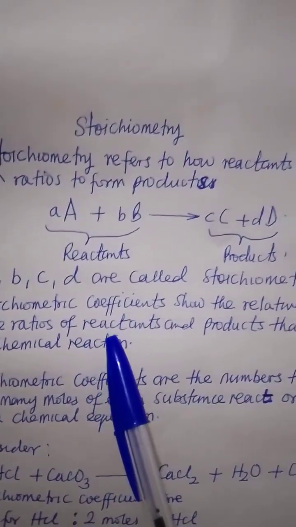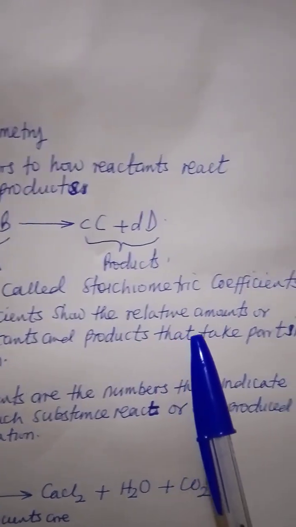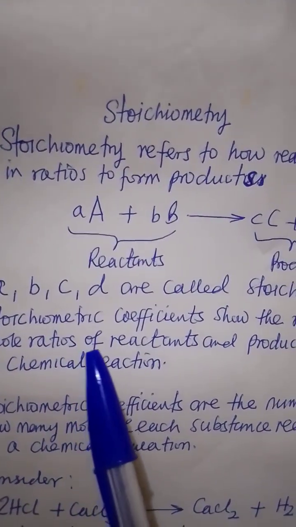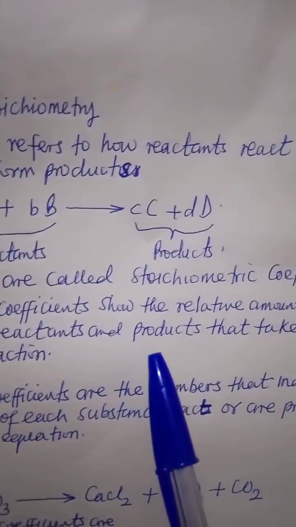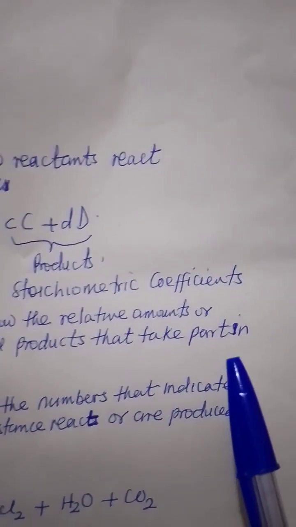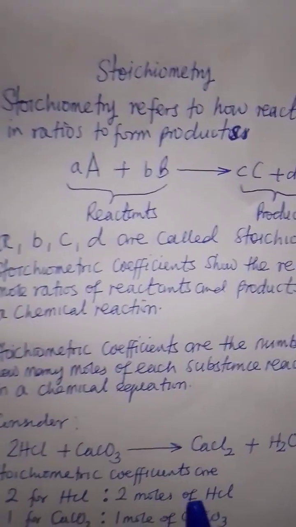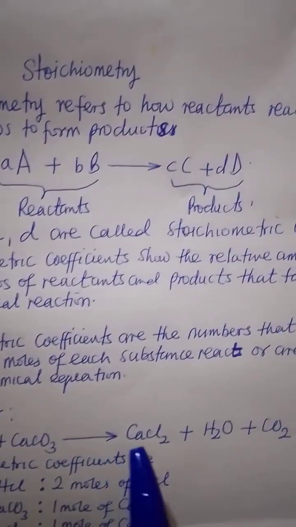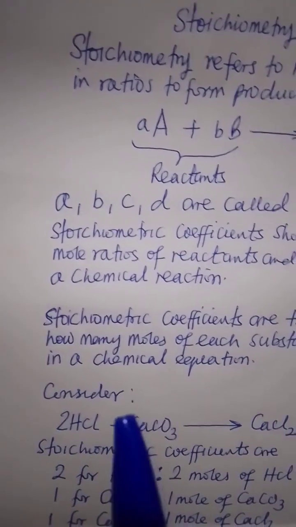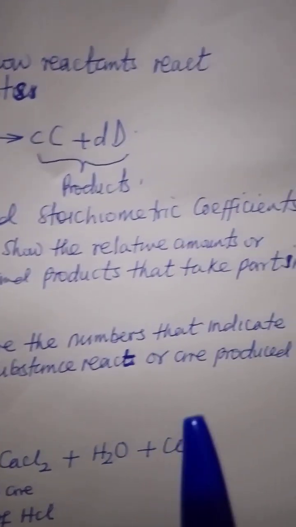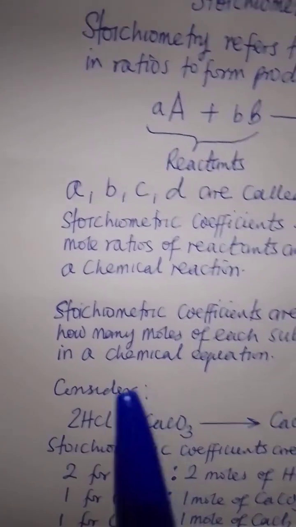Stoichiometric coefficients show the relative amount or the mole ratios of reactants and products that take part in the chemical reaction. Stoichiometric coefficients are the numbers that indicate how many moles of each substance react or are produced in a chemical reaction.